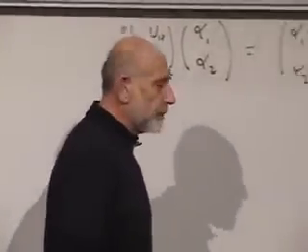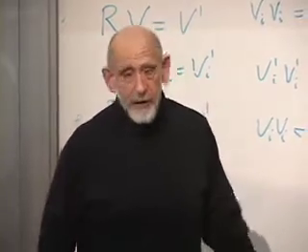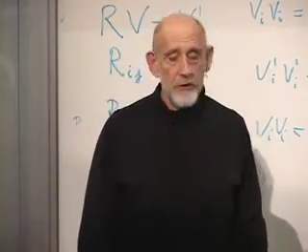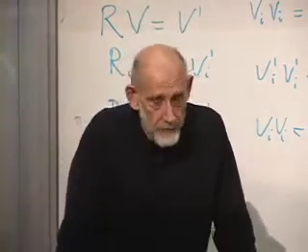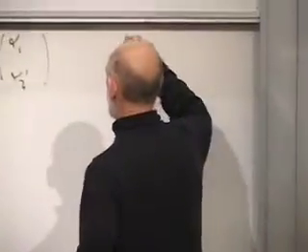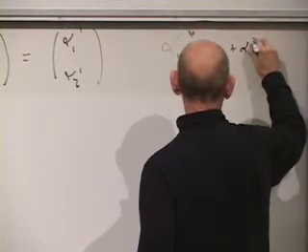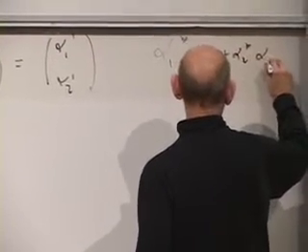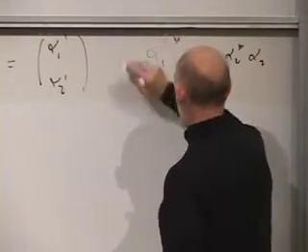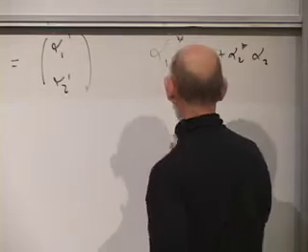Well, first of all, when you act on a state, you should get another state. If a state is characterized by the sum of the squares of the elements being equal to 1, all right, what does that mean? That means alpha 1 star alpha 1 plus alpha 2 star alpha 2 equals 1. Then the same should be true after rotation.